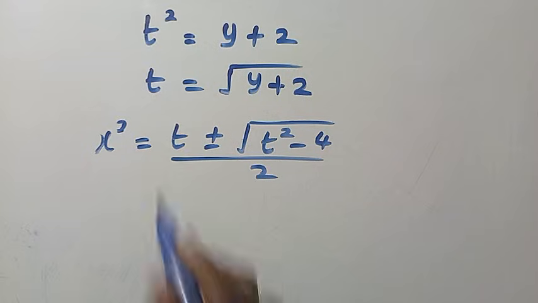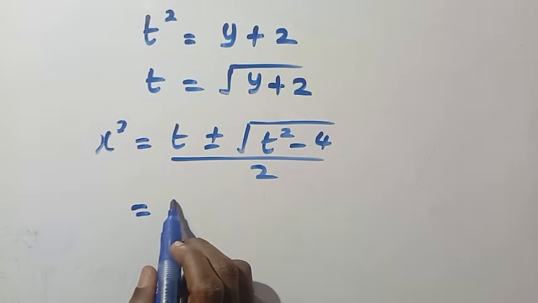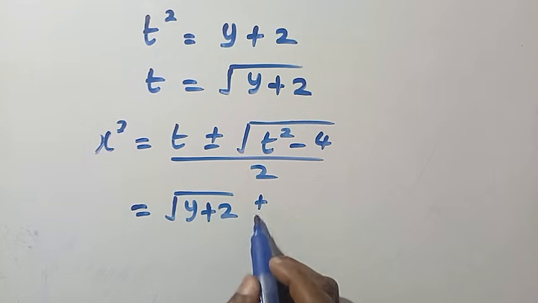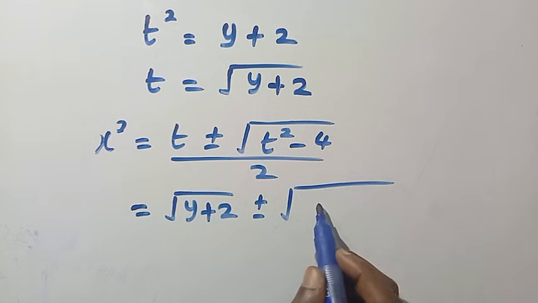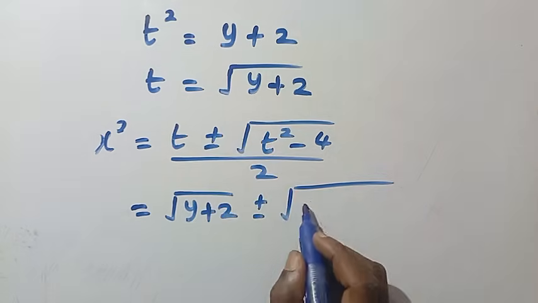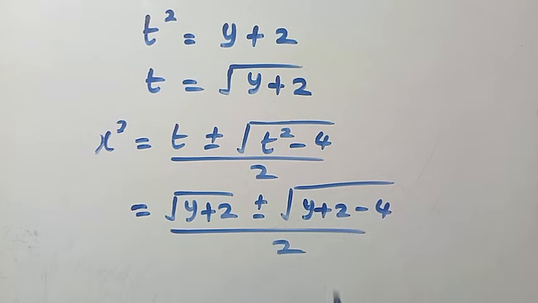And by replacing every single t with y, we are going to have this as the square root of y plus 2, then plus or minus the square root of, so instead of t squared, we have y plus 2, then we have minus 4, all divided by 2.